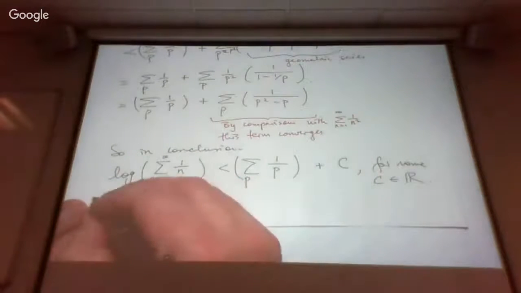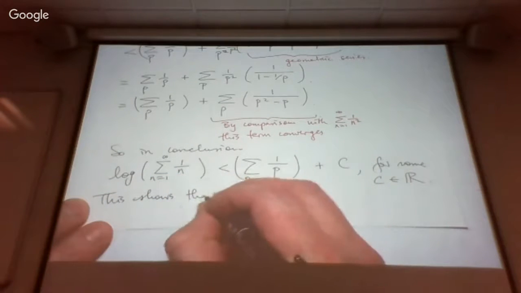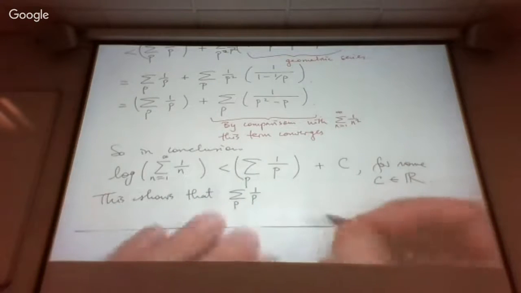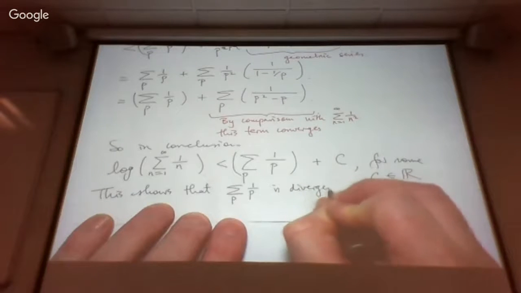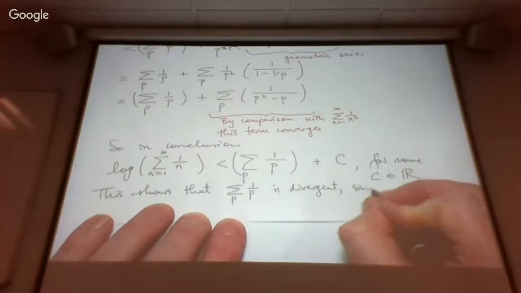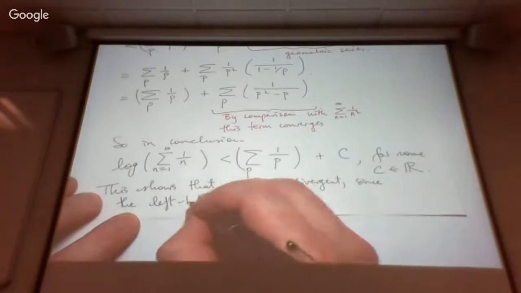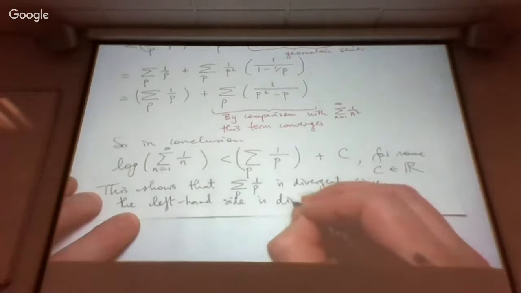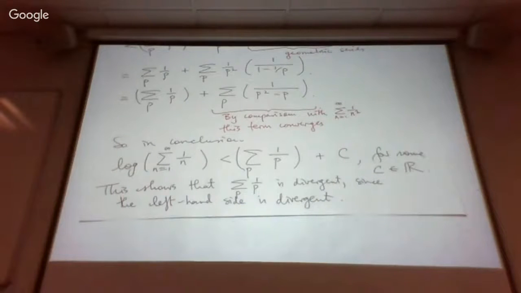So this shows that the sum over p of 1 over p is divergent, since the left-hand side is divergent as well. The left-hand side of that inequality.